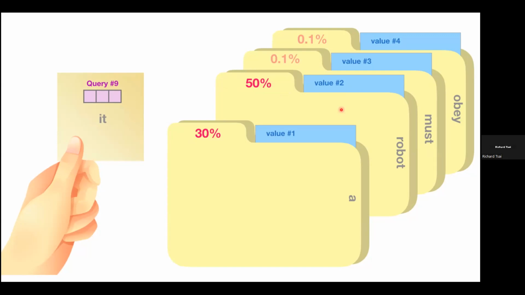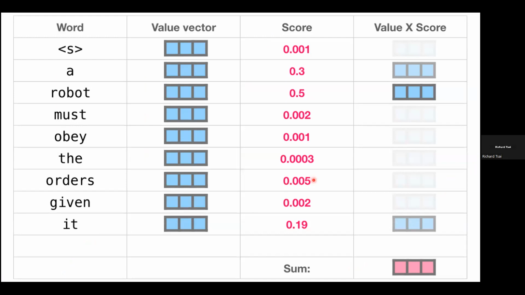After applying softmax to the scores for all tokens in the sequence, the sum of all scores equals 1. For example, we can see that GPT allocates 50% of its attention to robot and 30% to A. The token immediately following it is primarily influenced by robot in this case.